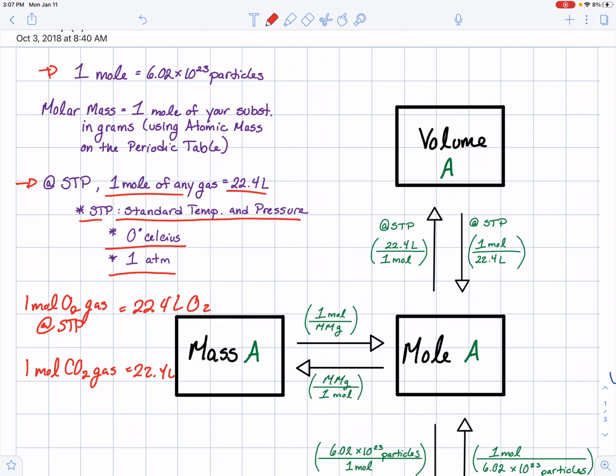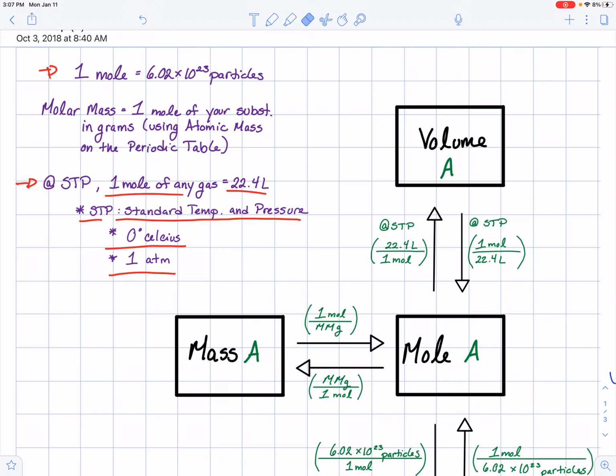So all gas particles take up about the same amount of space when you're at STP. That's what all those ideal gas laws were about. So this is one of our working definitions of the mole. So if I have 1 mole of any gas, it will occupy 22.4 liters of space.